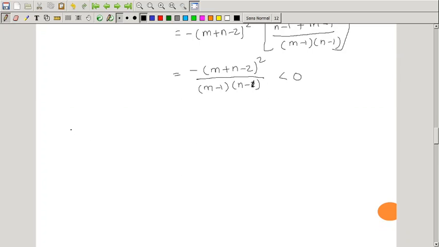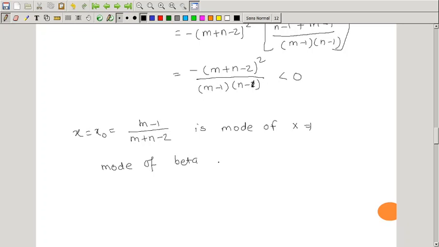So that means x equal to x naught, which is equal to (m - 1) upon (m + n - 2), is the mode of x, that is, the mode of the beta distribution of first kind.